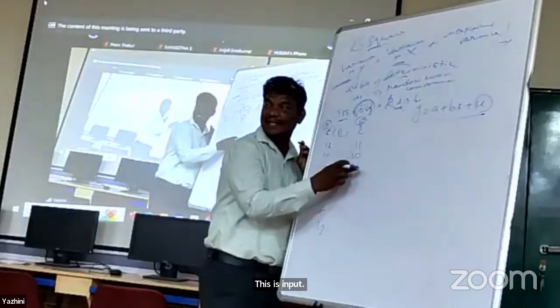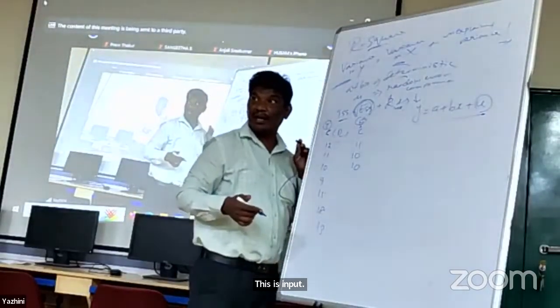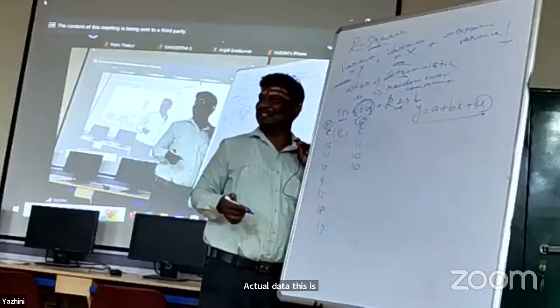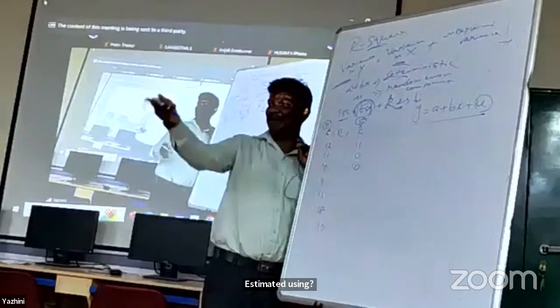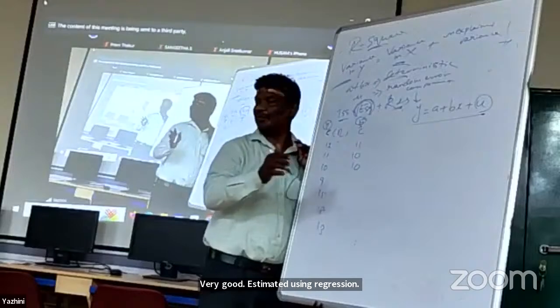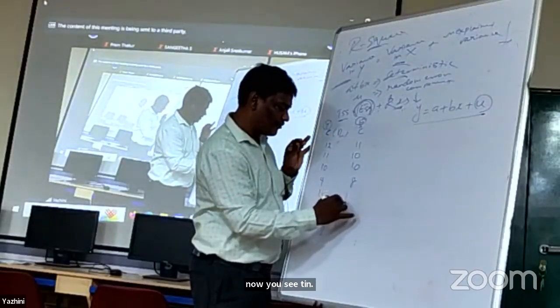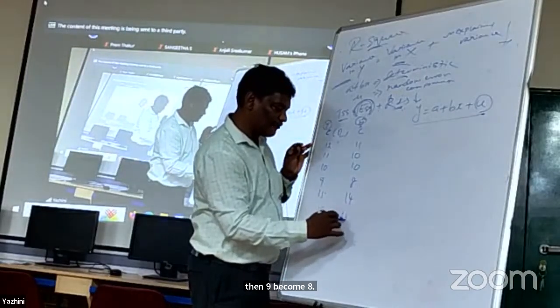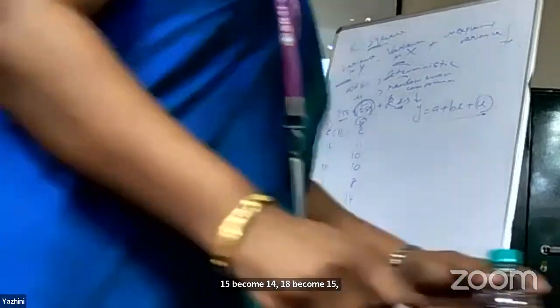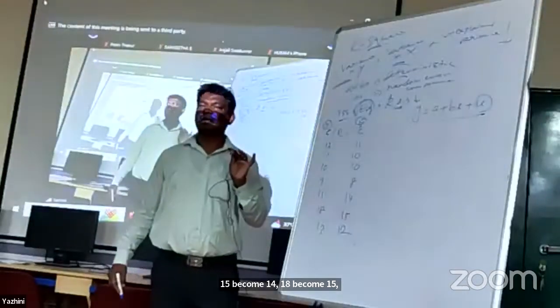This is estimated using regression, your econometric model. Now 9 becomes 8, 15 becomes 14, 18 becomes 15, 13 becomes 12.